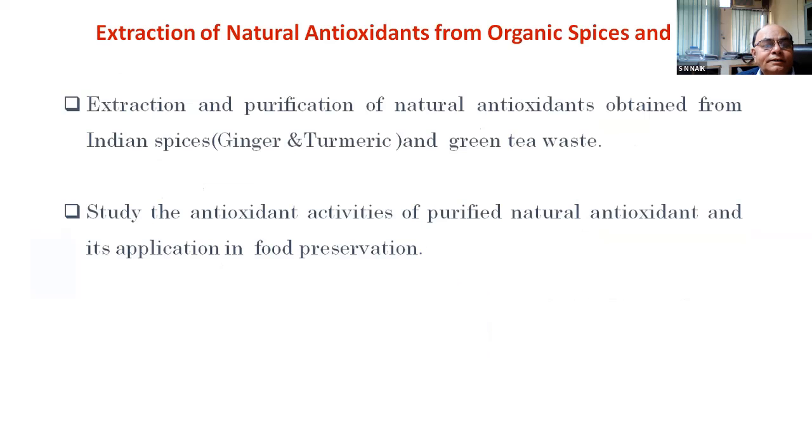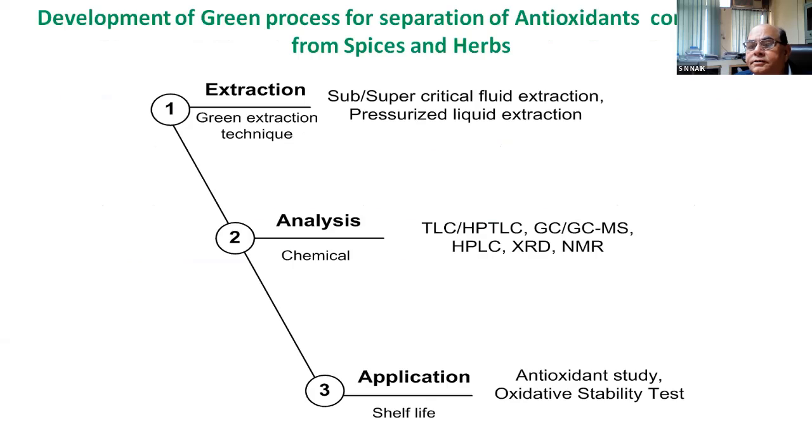The tea industry also produces a lot of byproduct. Because of the polar constituents, that can be extracted by the pressurized extraction process. We have done work on the extraction of natural antioxidants from ginger, turmeric, and tea using supercritical carbon dioxide. Generally, we have done pressurized or accelerated solvent extraction, and we have used it in the food industry.